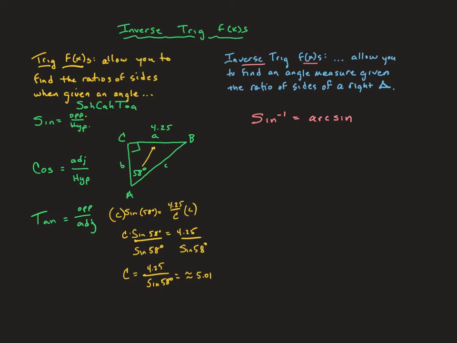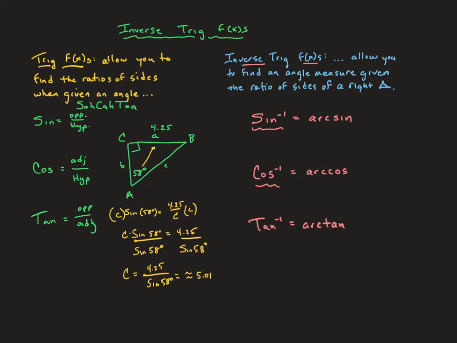Cosine would be cosine to the -1, which is arc cosine, and tangent is going to be arctan. So that's how we would identify that as we're working backwards.